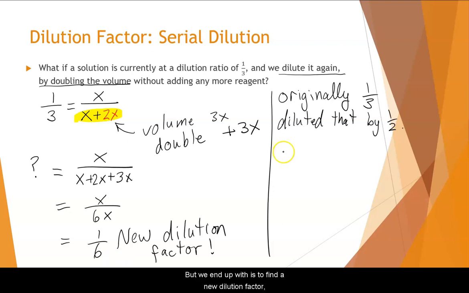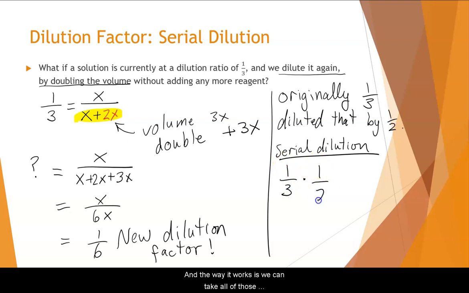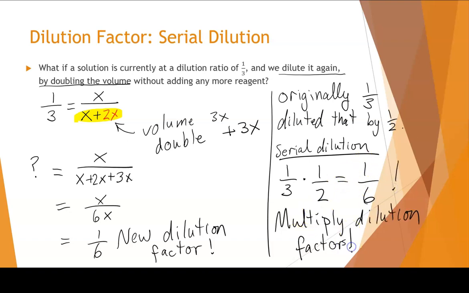But what we end up with is a new dilution factor, and we're doing something called serial dilution, which is not adding more milk to your cereal. It is diluting something that was already diluted. And the way it works is we can take all of those individual dilution factors and just multiply them together. Ta-da! Let me know if you have questions. Thank you.